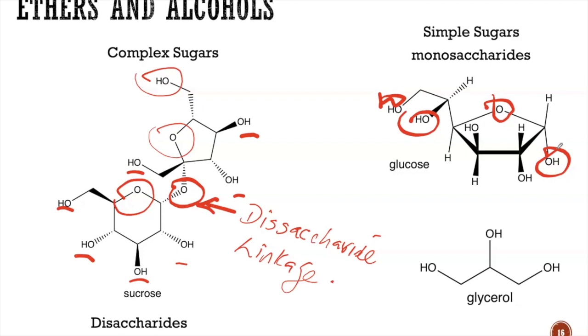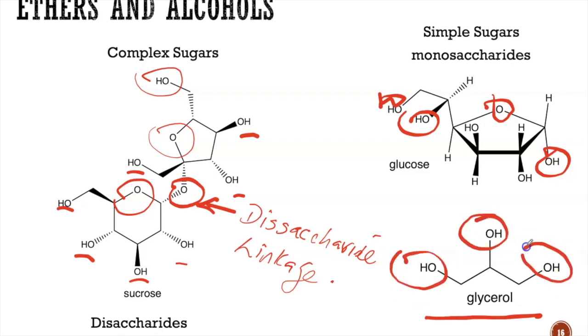Here is a simple molecule that we find in the body. This is called glycerol. Glycerol is also a component of fats because of the three OHs here. But these OHs are very important functional groups in biological systems, particularly in sugars, both simple and complex.